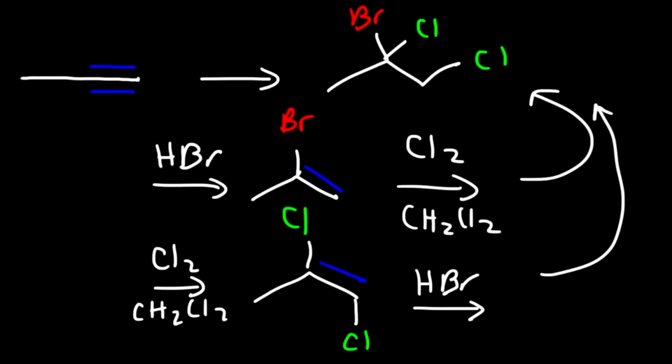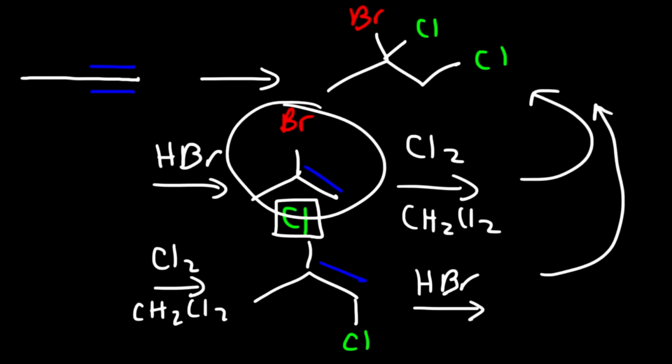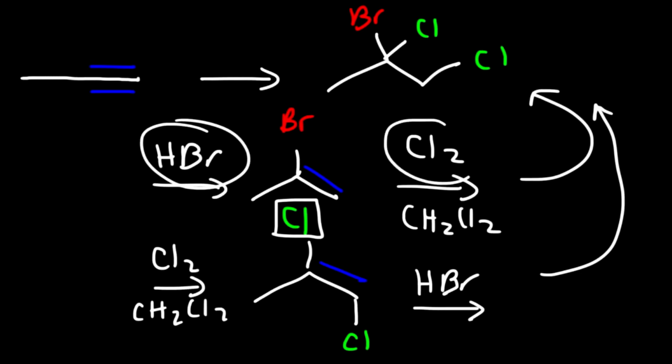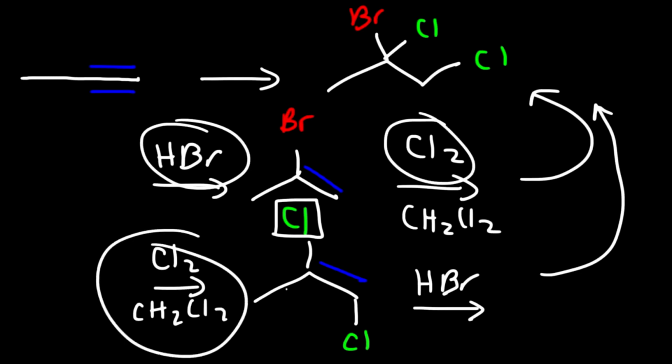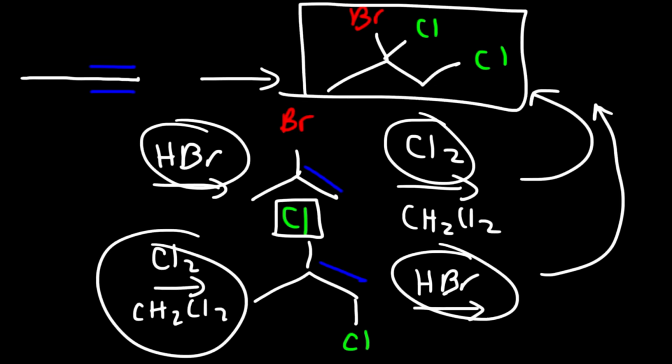And so whenever you have these electron withdrawing groups that pull electron density by means of the inductive effect, it weakens the nucleophile. So this particular molecule is more reactive than this one. So therefore, put in HBr first and then add in Cl2 later. It's better than add in Cl2 first and then HBr later. But nevertheless, both reactions can still lead to the same product.